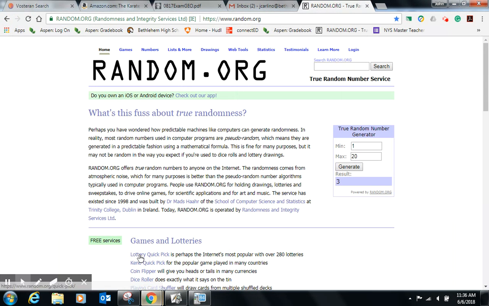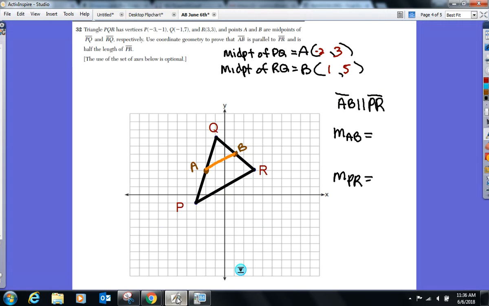Got any slopes there for me yet? Any slopes? 16, any slopes? Yeah, for PR, the slope is 2/3. You didn't find 2/3 at first. What did you find? 4/6.